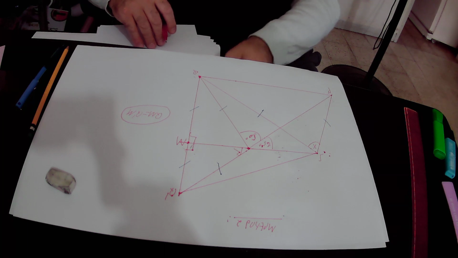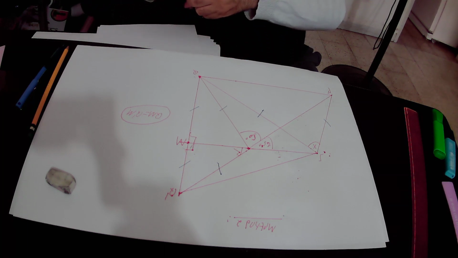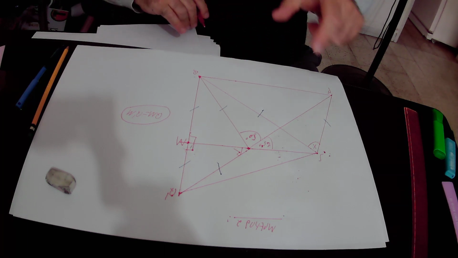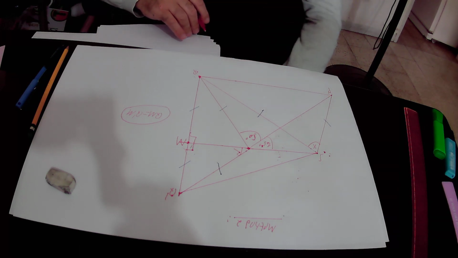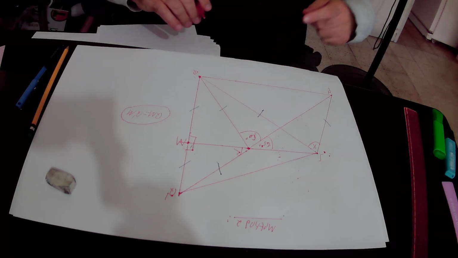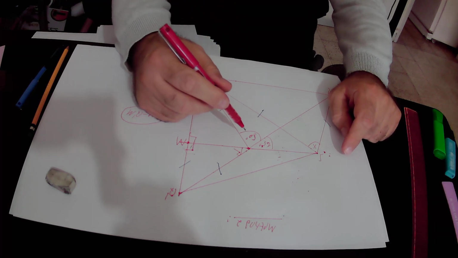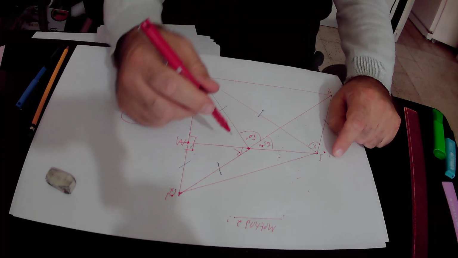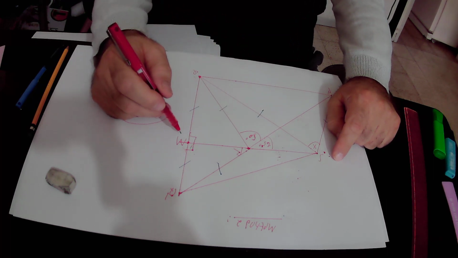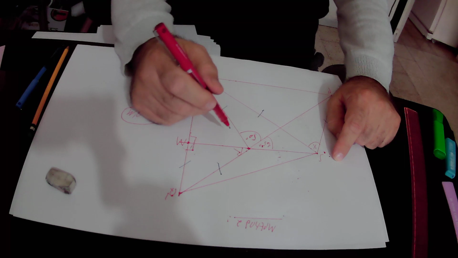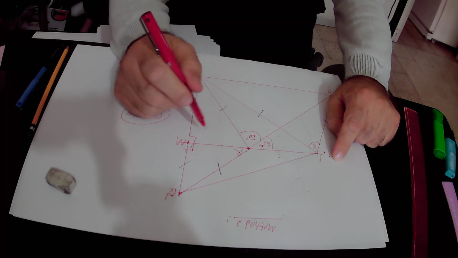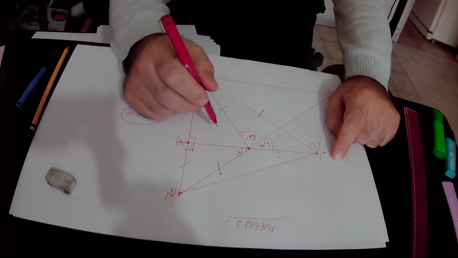And actually, after we extended SR by a straight line, SRM is a straight line. Therefore, the sum of the angles at any point on the straight line SM equals 180 degrees.